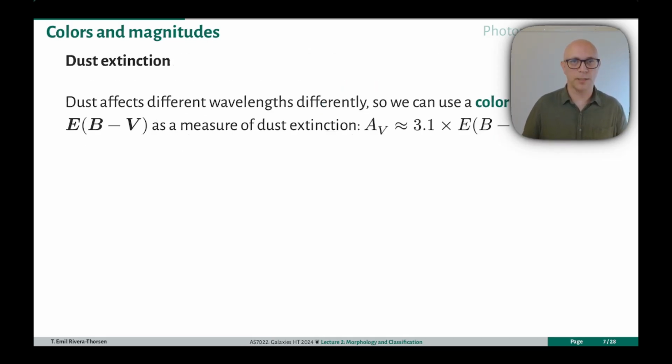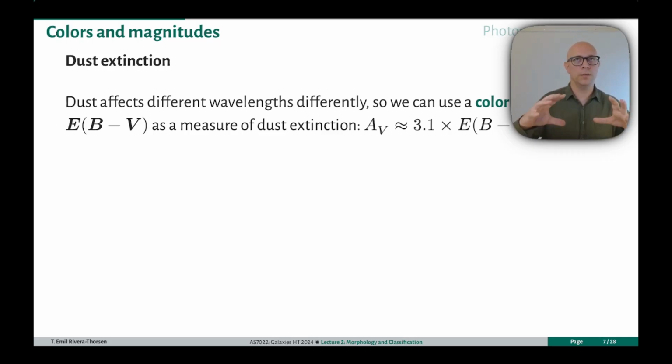Taking a look at the dust content, dust affects different wavelengths differently. So we can use what we call the color excess, or often called E(B−V). But you can, in principle, use other filters, again, a different color index to compute the color excess. But most of the time we don't do that. But you can use that as a measure of dust extinction.